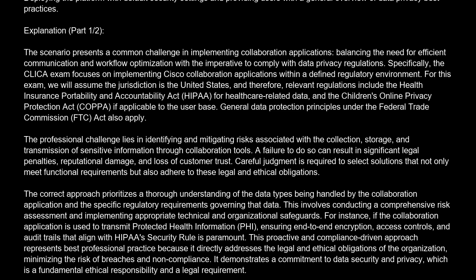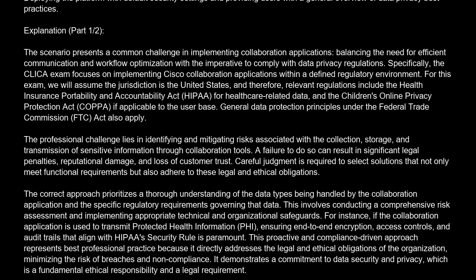Specifically, the CLICA exam focuses on implementing Cisco collaboration applications within a defined regulatory environment. For this exam, we will assume the jurisdiction is the United States, and therefore, relevant regulations include the Health Insurance Portability and Accountability Act, HIPAA, for healthcare-related data, and the Children's Online Privacy Protection Act, COPPA, if applicable to the user base.